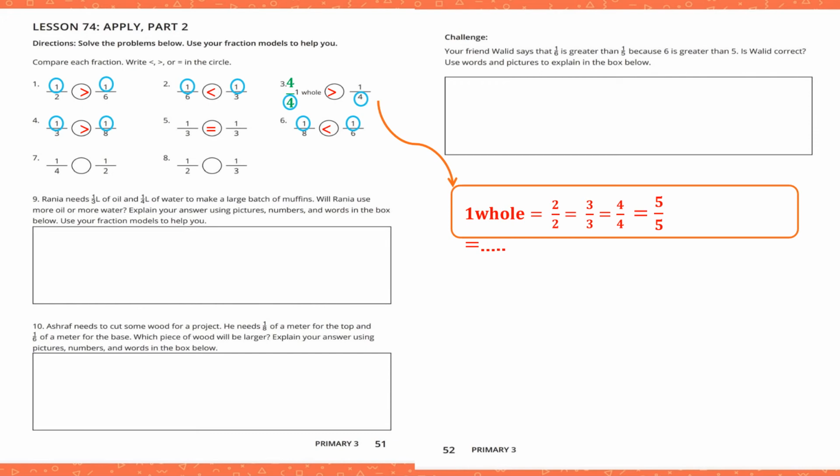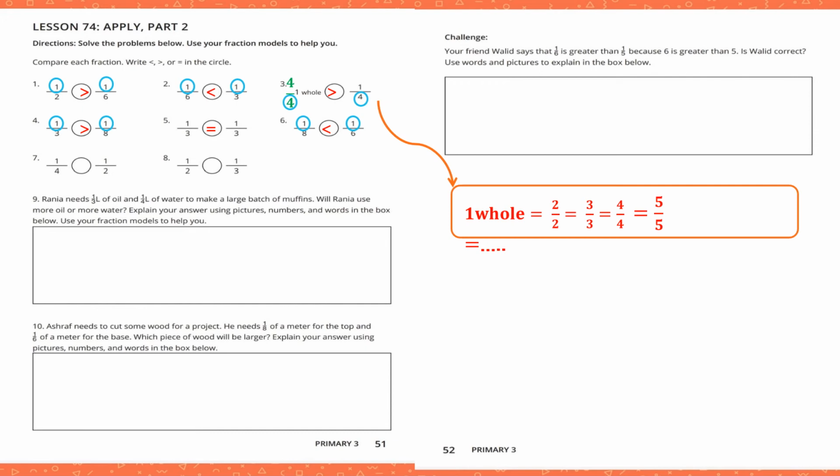Here in question 9, Rania needs a third of a liter of oil and a fourth of a liter of water to make a large batch of muffins. Will Rania use more oil or more water? Is a third of a liter of oil bigger or a fourth of a liter of water?